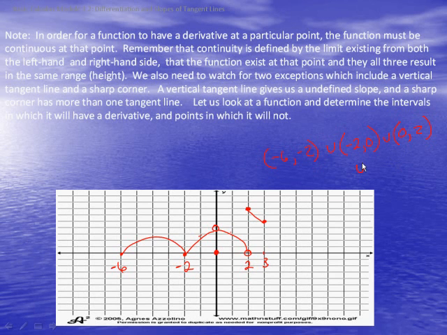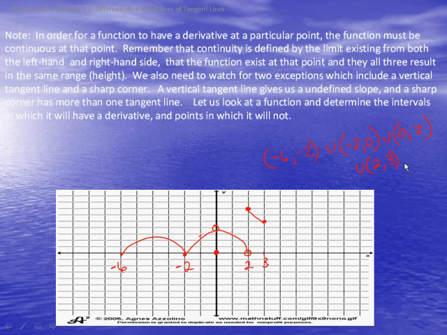And the last little area is between 2 and 3. And between 2 and 3, not including 2 and 3, because both 2 and 3 are endpoints, and so infinite number of tangent lines. So these open intervals combined are going to be the areas in which you can have a derivative.